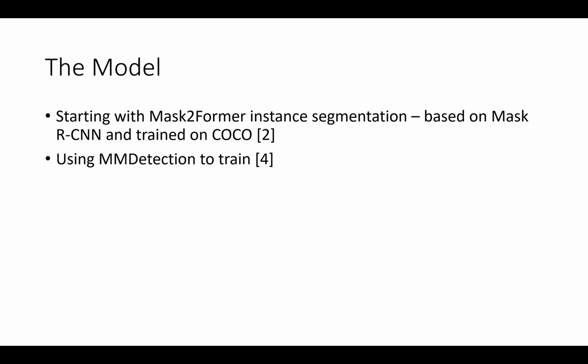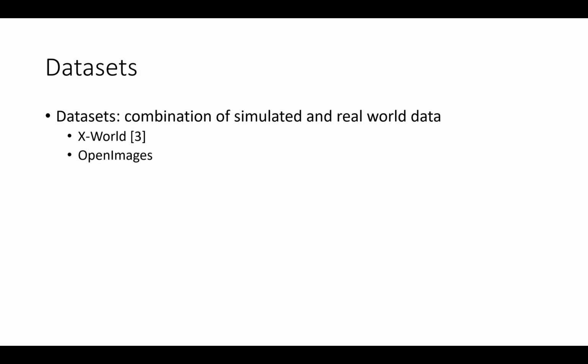So we started out with using Detectron2, which is also a popular platform for training, but we found that MMDetection worked better for our purposes, and we ended up transferring over to that. We trained our model on a combination of simulated and real-world data.